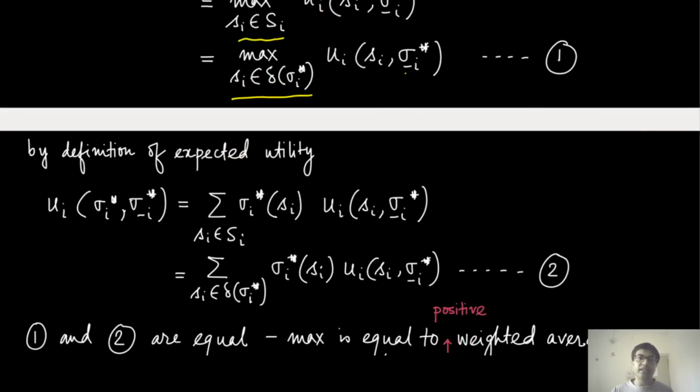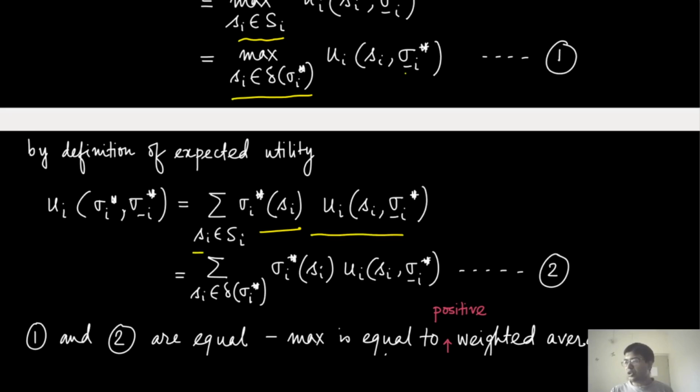Now we are going to write the expected utility at the MSNE in a different way. So now we are taking the weighted sum over all the strategies for player I. This is by definition of any mixed strategy.